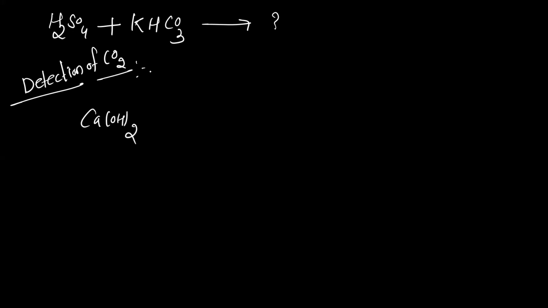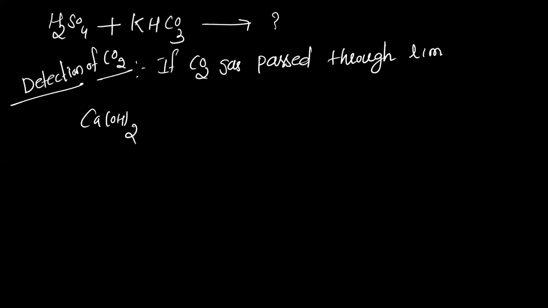So how can we detect carbon dioxide gas? If CO2 gas is passed through lime water, it turns milky.